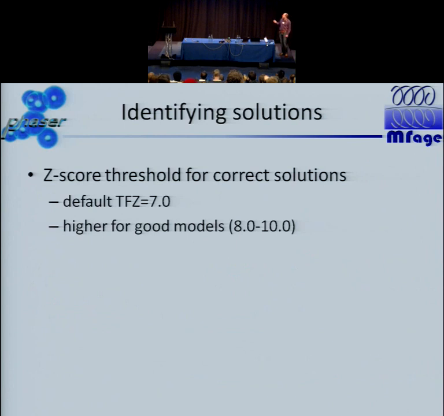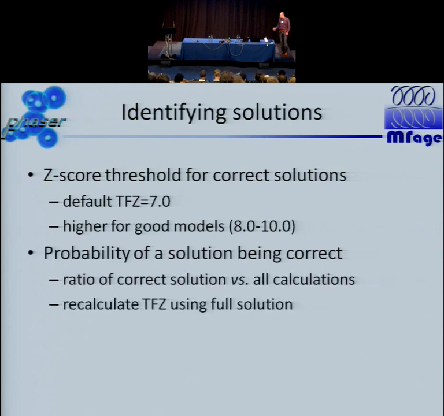So this TFZ 7 is normally a good choice for most molecular replacement problems. But if you have very good models, about 100% identity, then you need to increase this, because you tend to get wrong solutions with these Z-scores. And possibly the expected LLG algorithm does not suffer from this problem, and sooner or later we will switch this program as well.